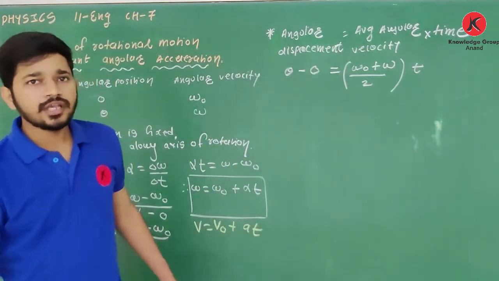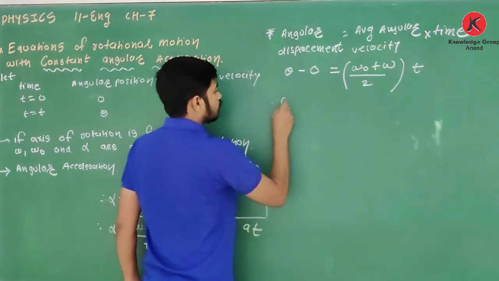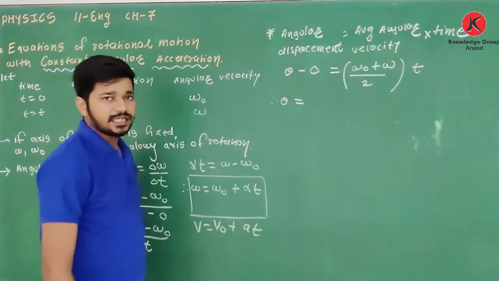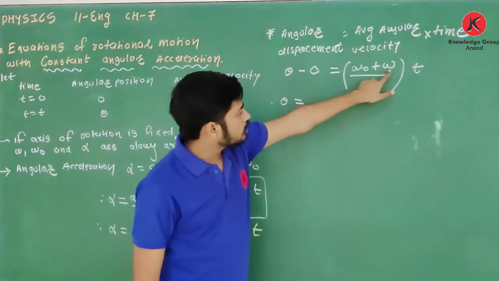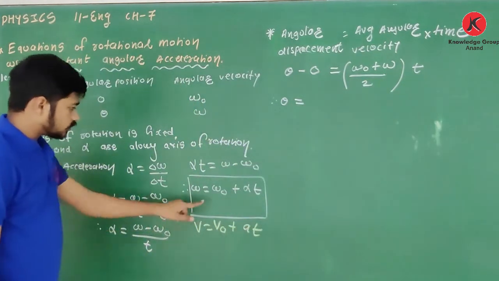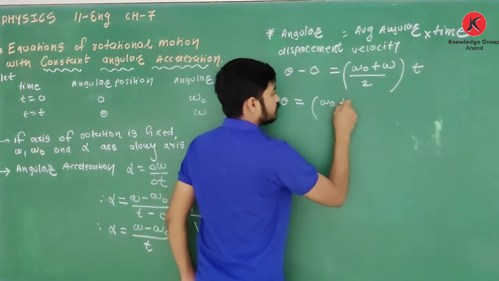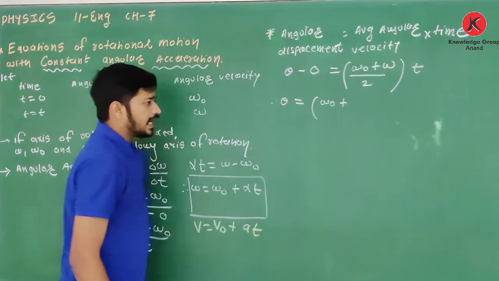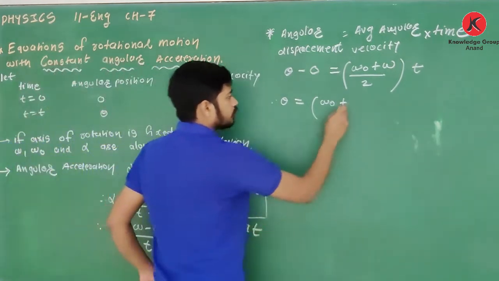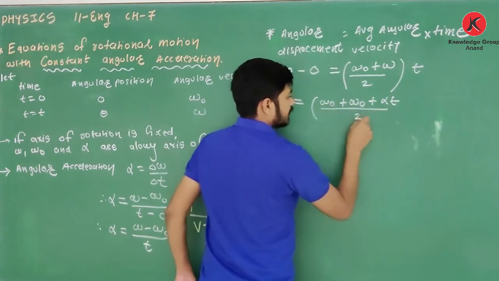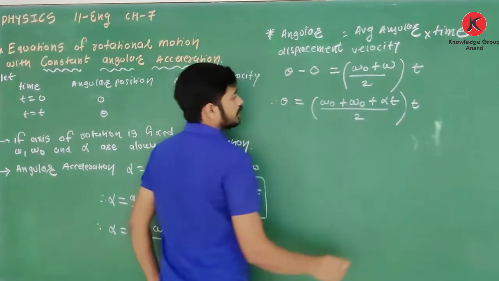Simple. Okay, so therefore theta is equal to, here I have to put the value of omega, which is omega 0 plus alpha t. So it is equal to omega 0 plus omega 0 plus alpha t, divided by 2, into t.